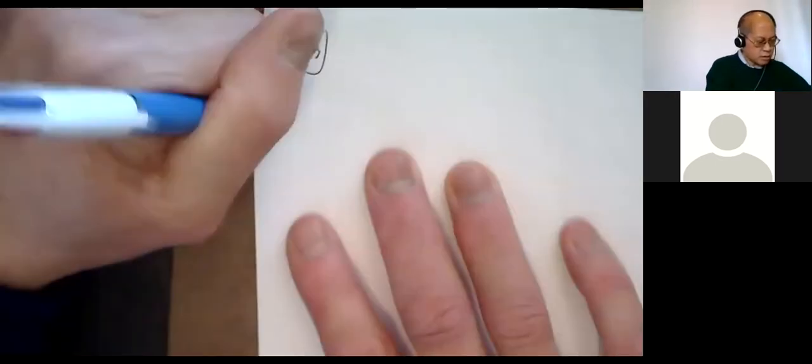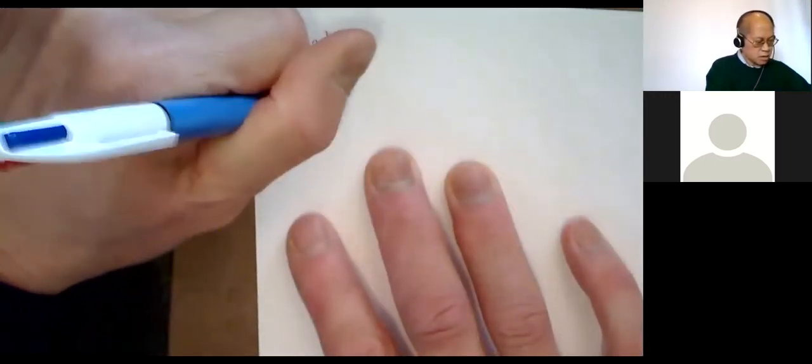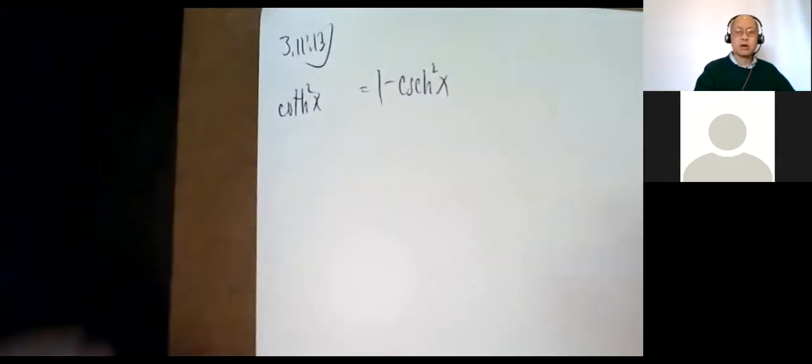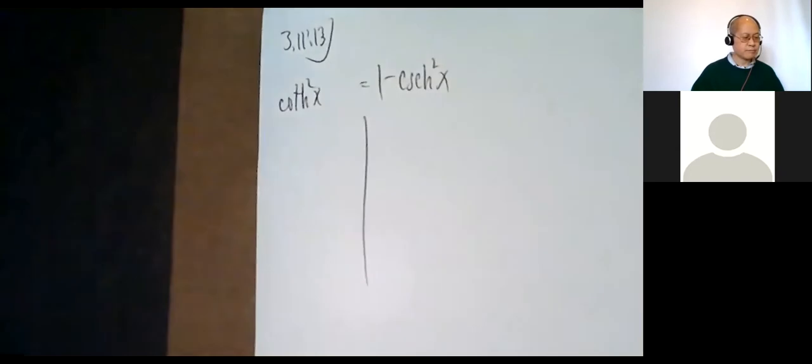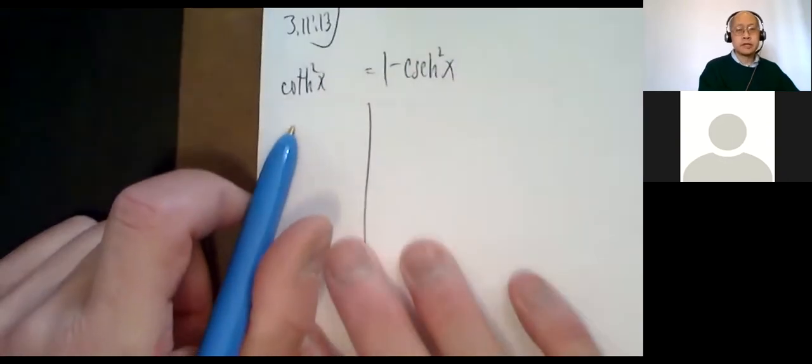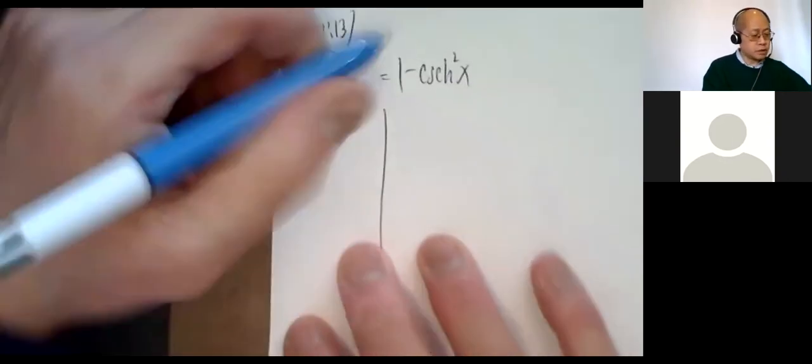coth² x equals 1 minus hyperbolic cosecant squared. Okay, so this is cosh over sinh.